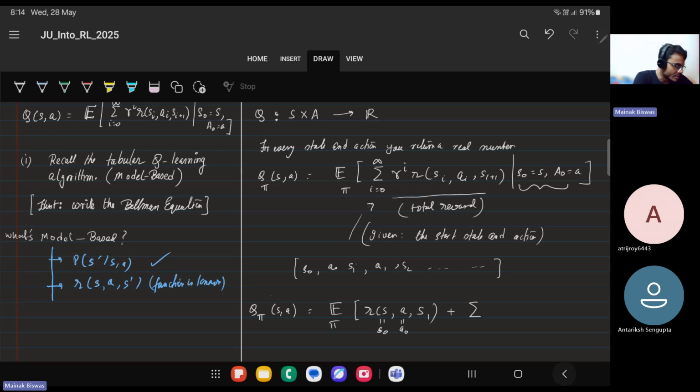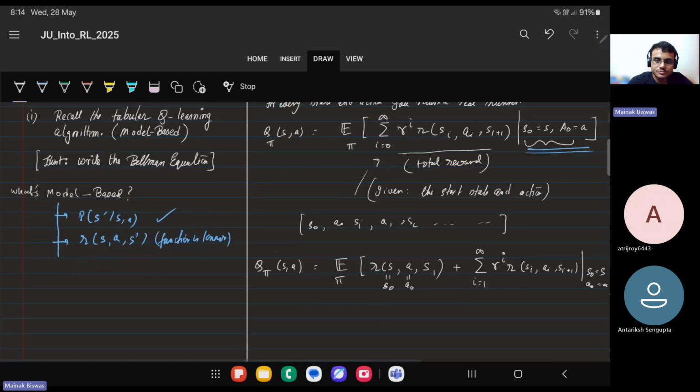As we have conditioned, you can clearly see the conditioning and it is known, therefore I'm just putting the values there.